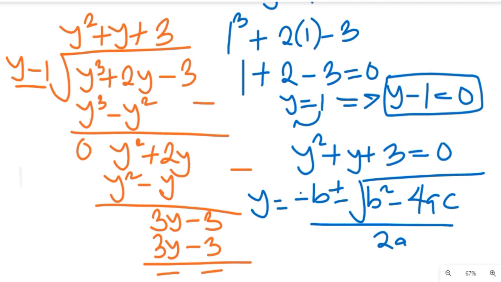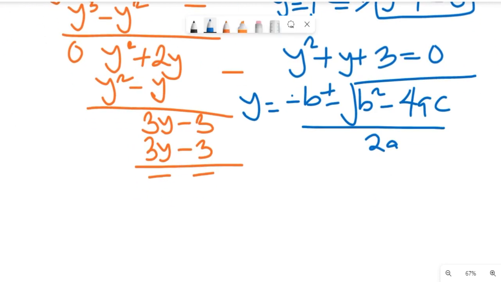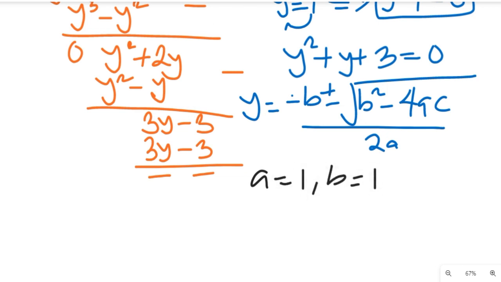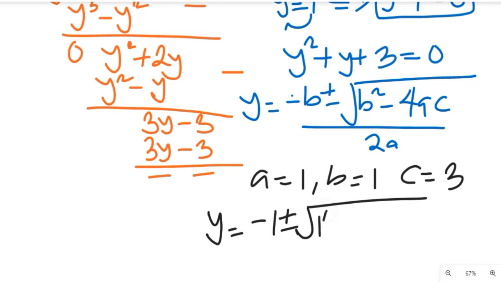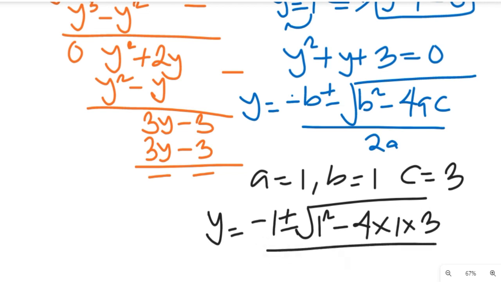And from our formula above, you agree with me that our a here is equal to 1, our b is equal to 1, and our c is equal to 3. So if we substitute this into the equation, we'll have y equal to minus 1 plus or minus the square root of 1 squared minus 4 times 1 times 3, all divided by 2 times 1.